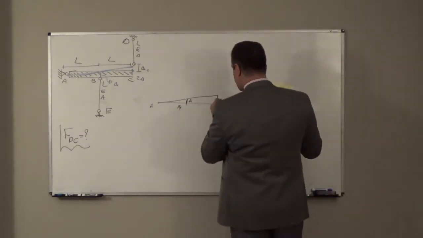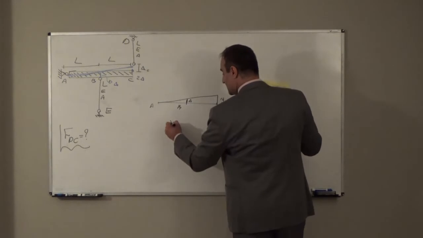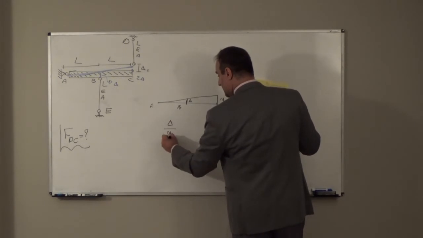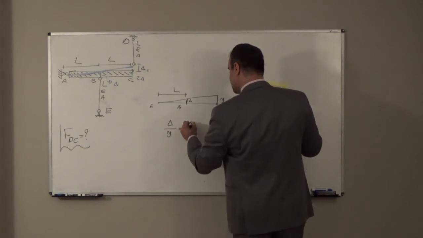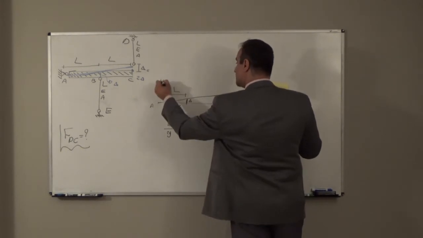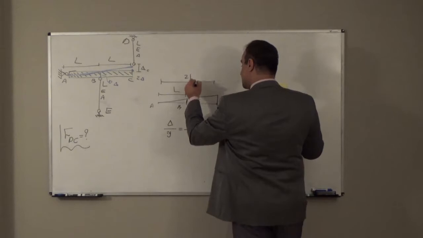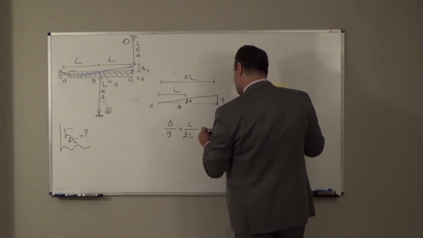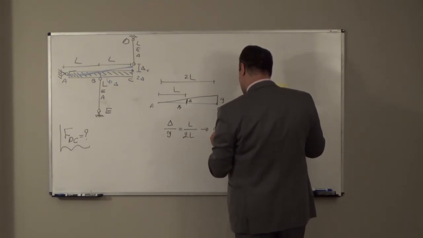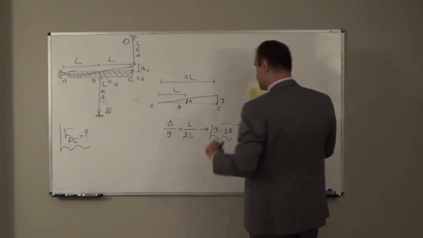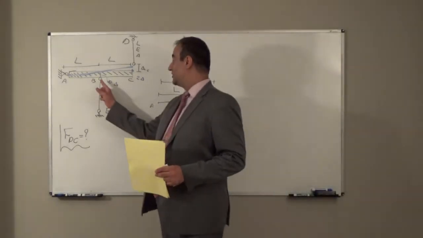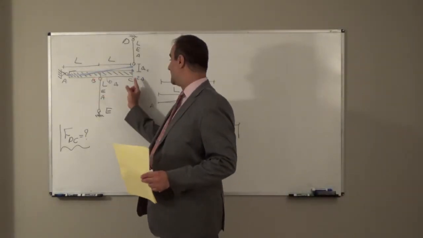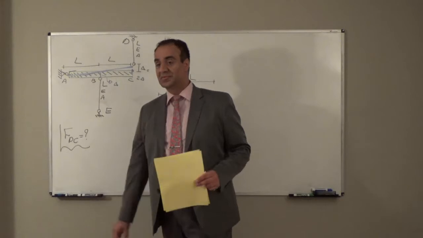So if I assume this is y, delta over y should be equal to L divided by 2L. From there we can find y is equal to 2 delta. So if this point B goes up delta, point C will go up 2 delta.